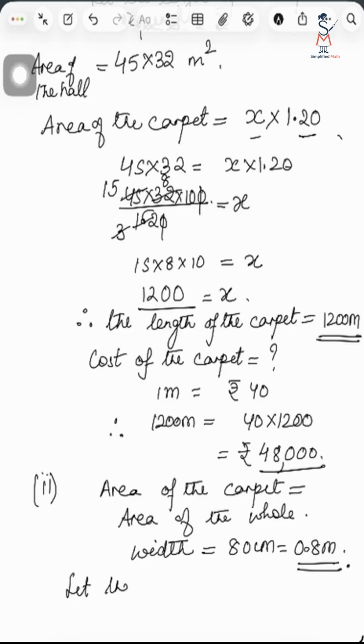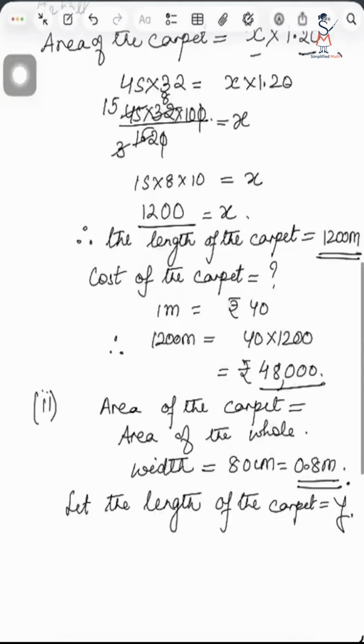Let the length of the carpet be y. So we know 0.8 into y, that is the area of the carpet, is equal to the area of the floor, that is 45 into 32.